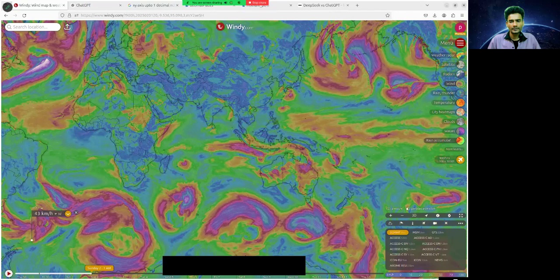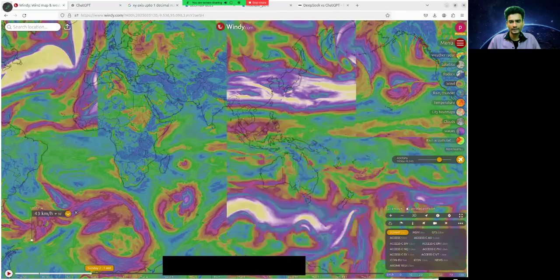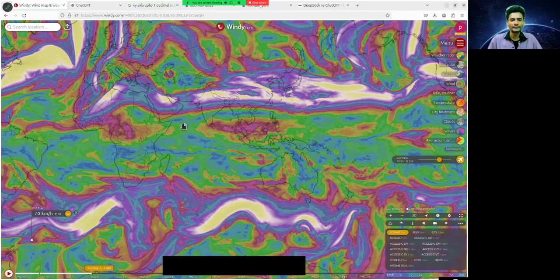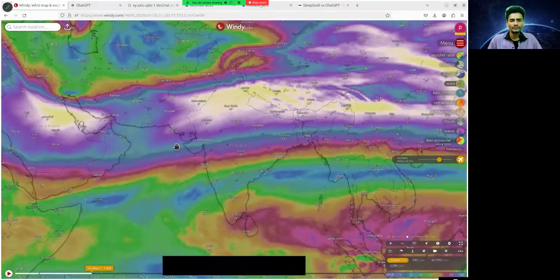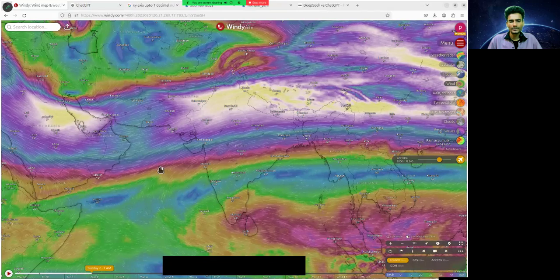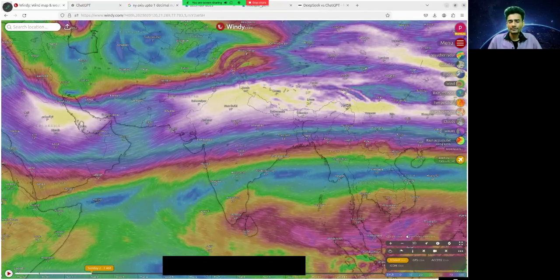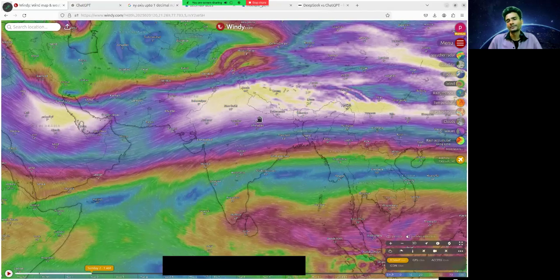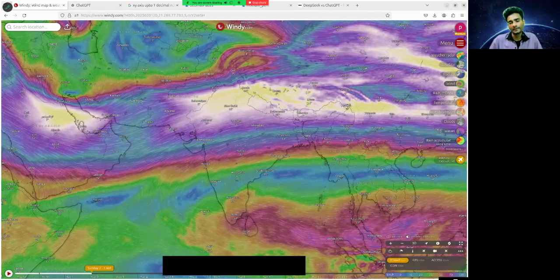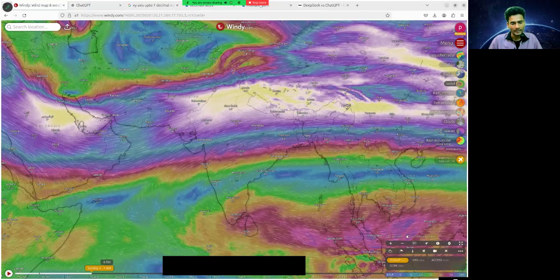As far as the state of the western disturbance is concerned, if you look at the winds at higher levels, which are in fact 400 hectopascal winds, we will note that these winds are mostly westerlies, and there is not much meandering of this jet, which signifies the absence of any western disturbance.